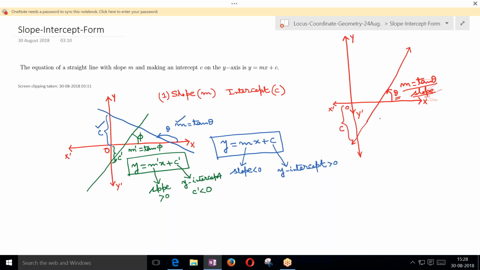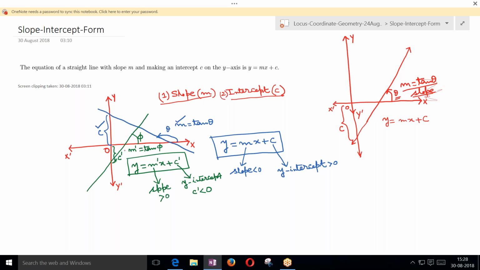So the equation of the straight line is y equals mx plus c. Two pieces of information: the first is the slope, that is m, and the second is the intercept, that is c.